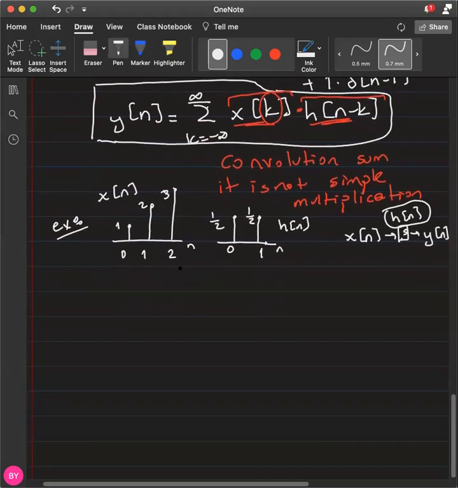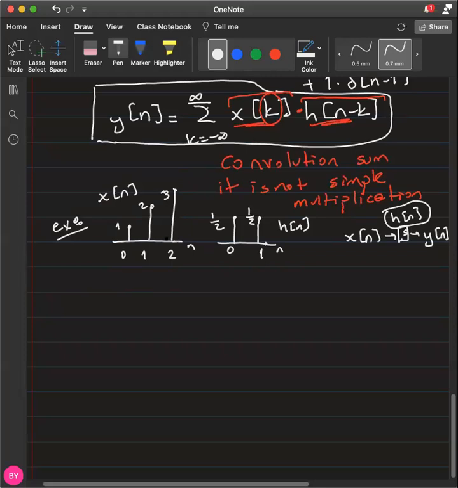Okay, now I'm going to apply two things right now. One, I'm going to use the property that we had before. X of n will be written as the linear combination of Dirac n's: Dirac n plus 2 Dirac n minus 1 plus 3 Dirac n minus 2.